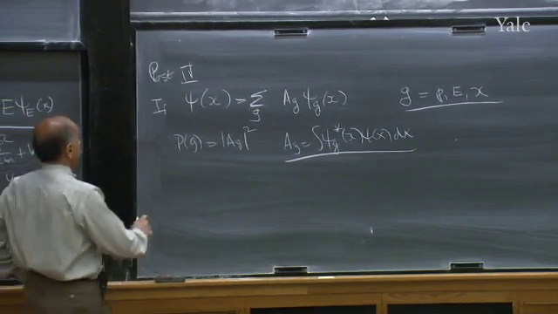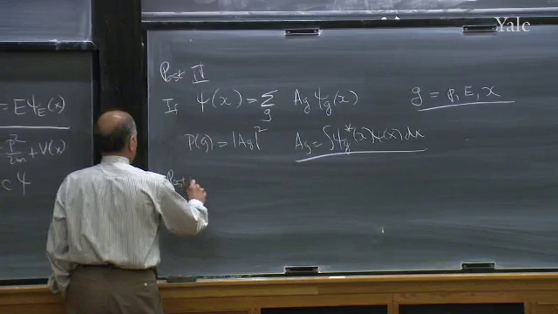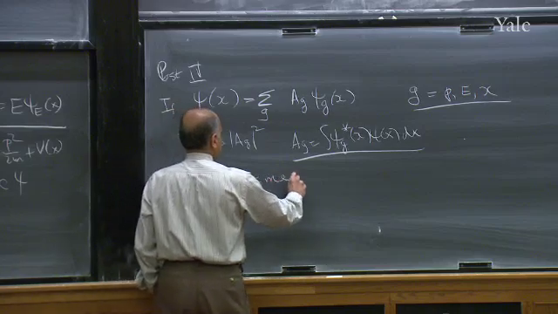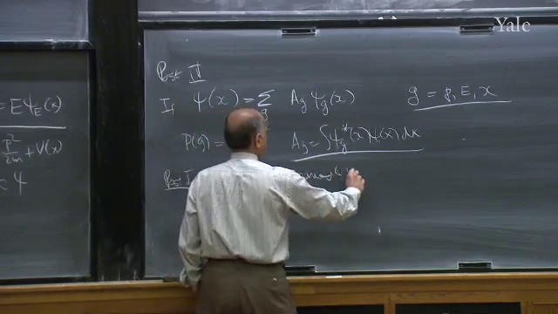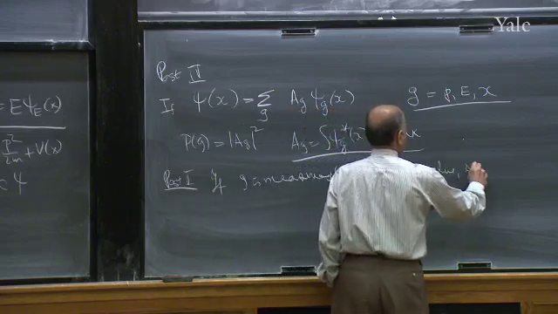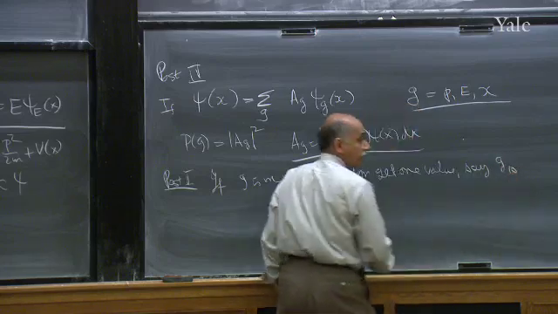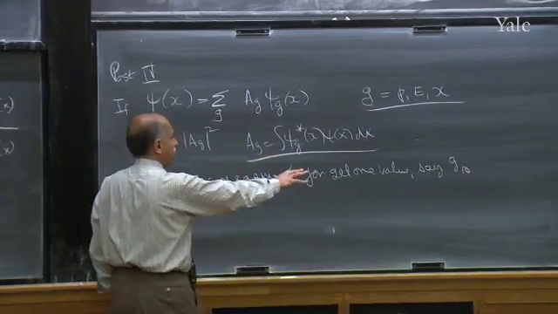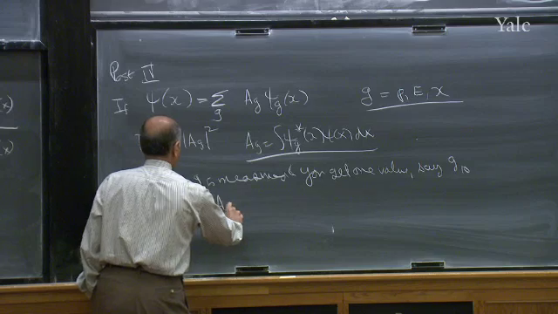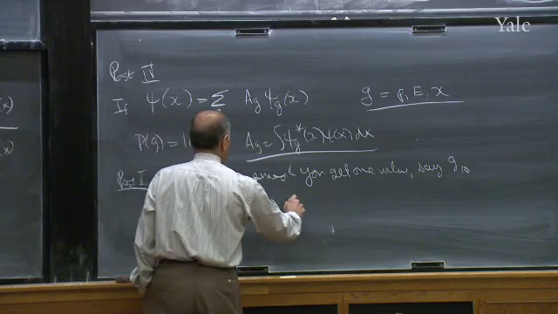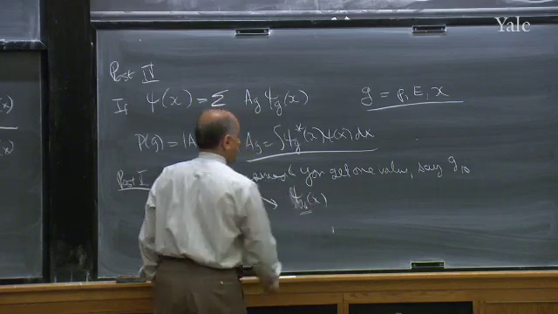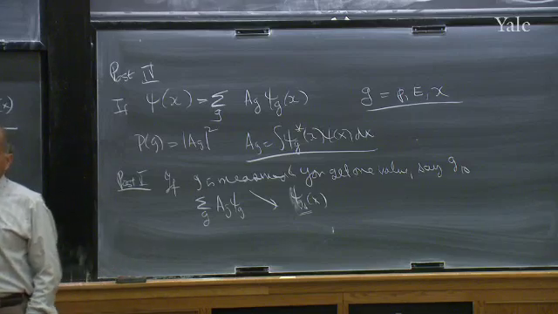Then there's another postulate, postulate 5. Postulate 5 says if g is measured and you get one value, say g sub 10, this is a postulate, you don't have to write g sub 10, you can say one particular value, then the sum over g of a sub g psi sub g collapses to one term, just psi sub g naught. g naught is a particular value of g, namely the third value, the fourth value, or the ninth value.